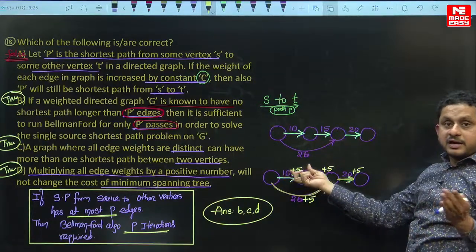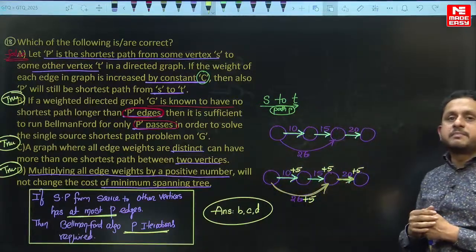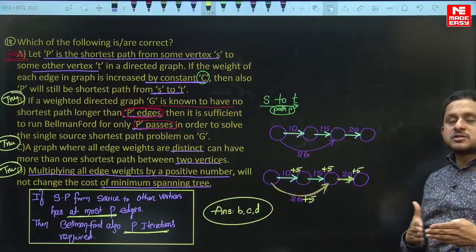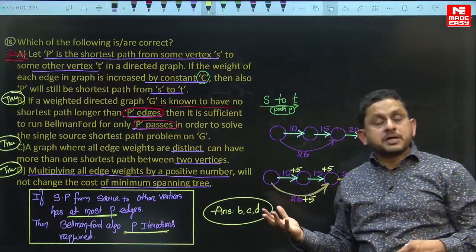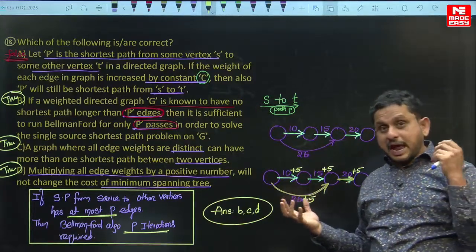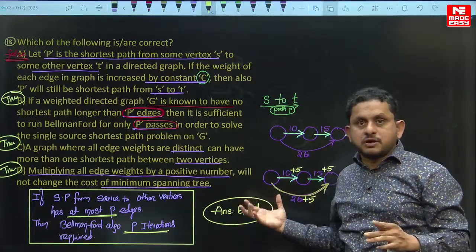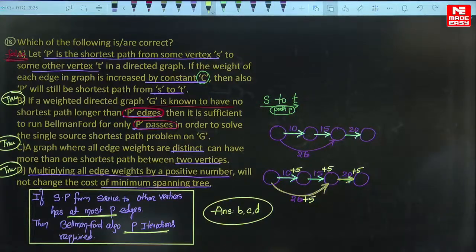The edge costs all increase relatively, so the minimum cost edge and second minimum cost edge do not change. That is why the MST does not change.